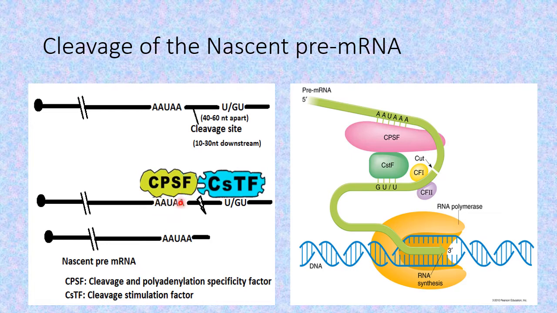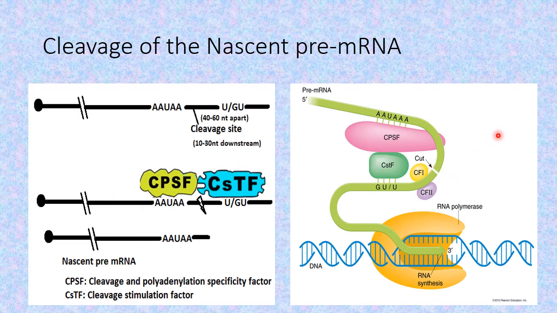and they attach to these points. The CPSF attaches to AAUAA, whereas the U or GU rich sequence provides the site of attachment for this cleavage stimulation factor, and it brings about the cleavage of this pre-messenger RNA, and at this cleavage, the poly A tail has to be added.